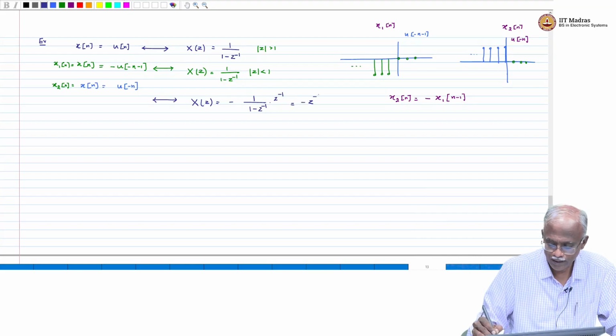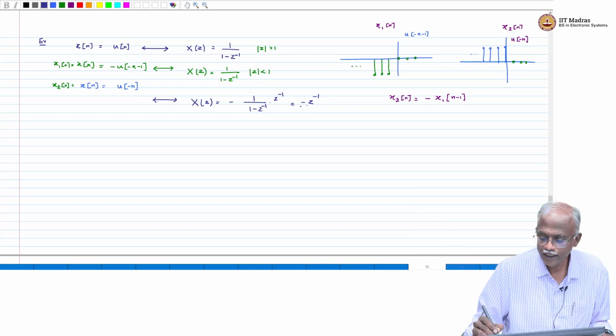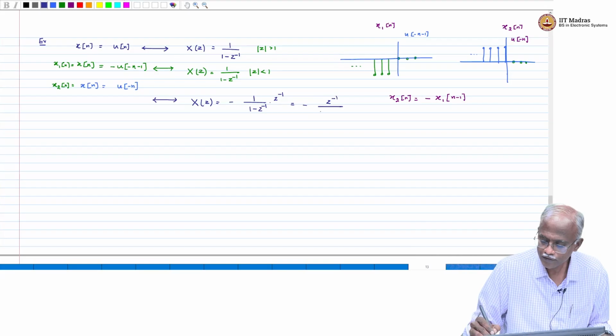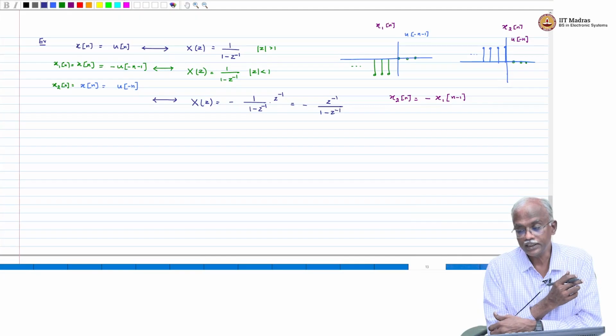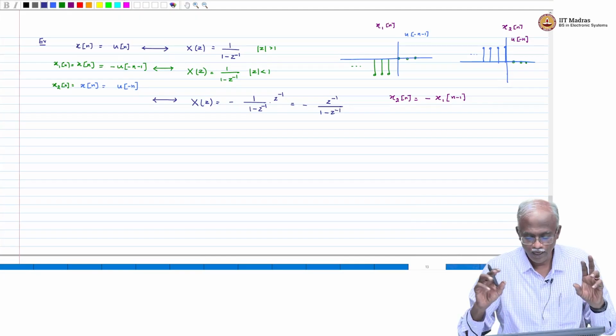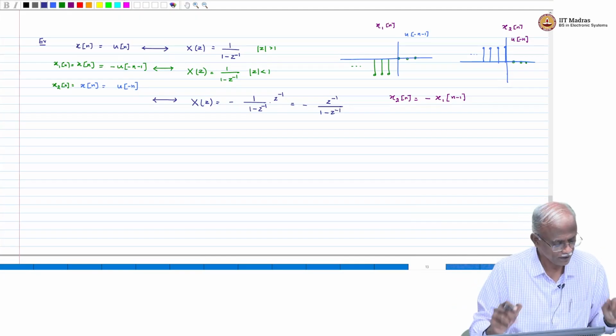So it will be minus z inverse divided by 1 minus z inverse. You can please check that you are getting this relationship and verify it.